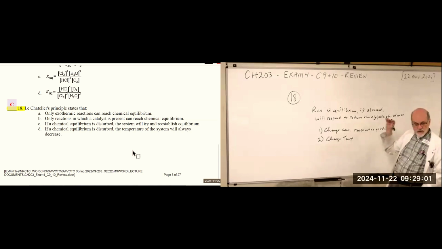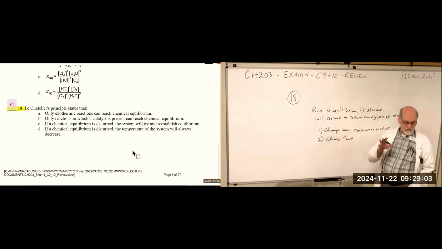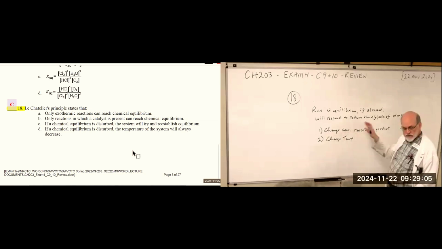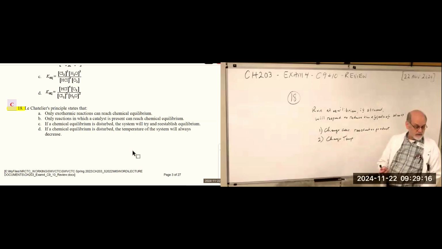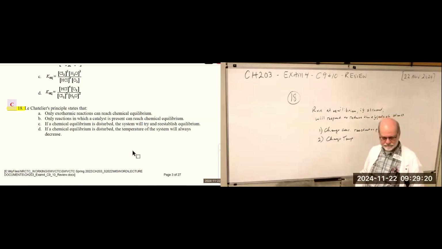If it's endothermic, then the heat term goes on the left. And that way, if the heat term is on one side or the other, then you change the temperature, you change the heat term, and you read the reaction response as if it were a change in concentration. That's the easiest way to deal with it.